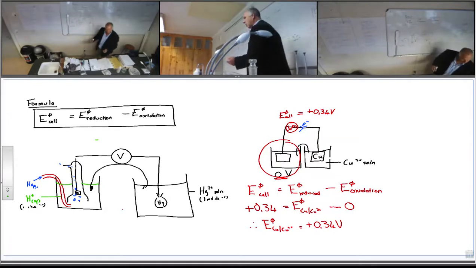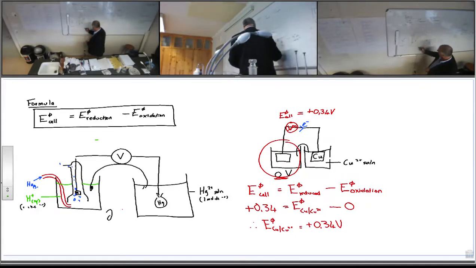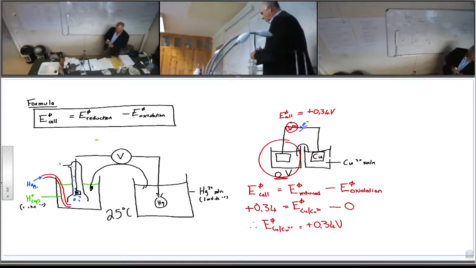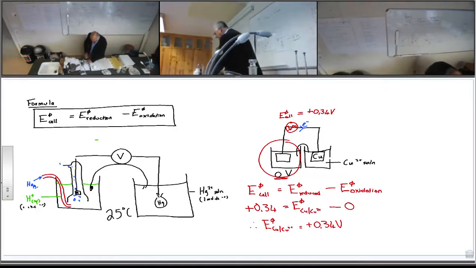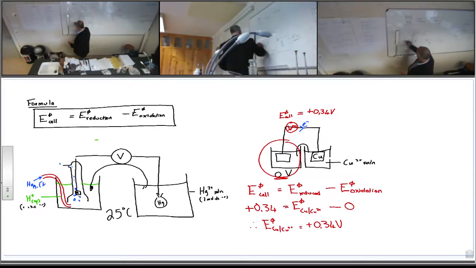What else? No, surface area didn't have to be set. The temperature had to be 25 degrees centigrade, and there was one other requirement: the pressure of any gases that were present. Do we have gases present here? That had to be at 1 atmosphere.